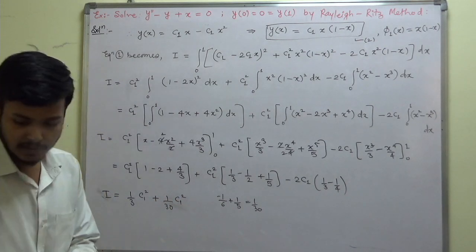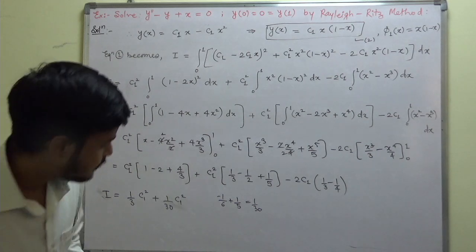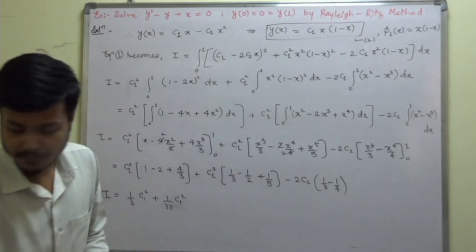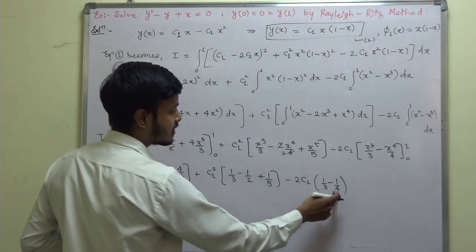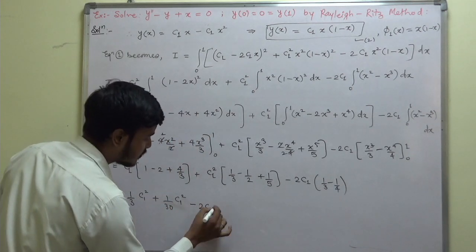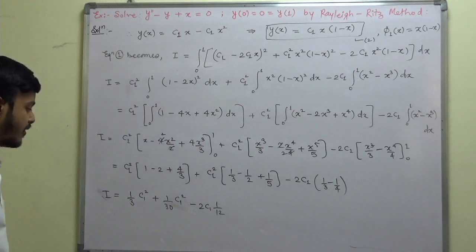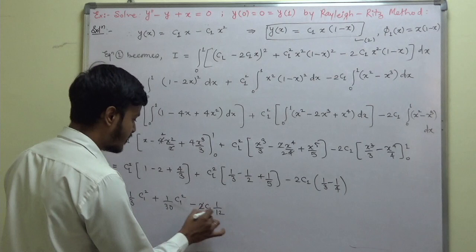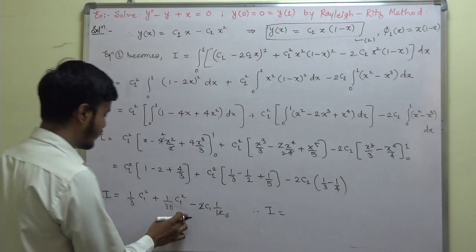And at last, 2c1 times 4 minus 3, 1 by 12, so this cancels with this 2, giving 1 by 12.